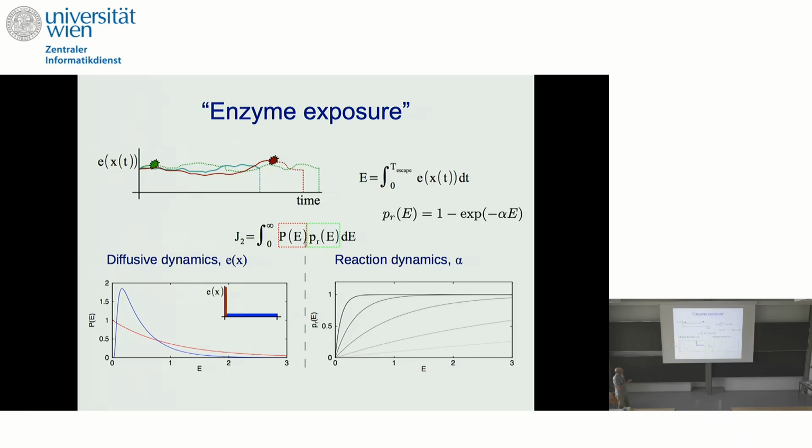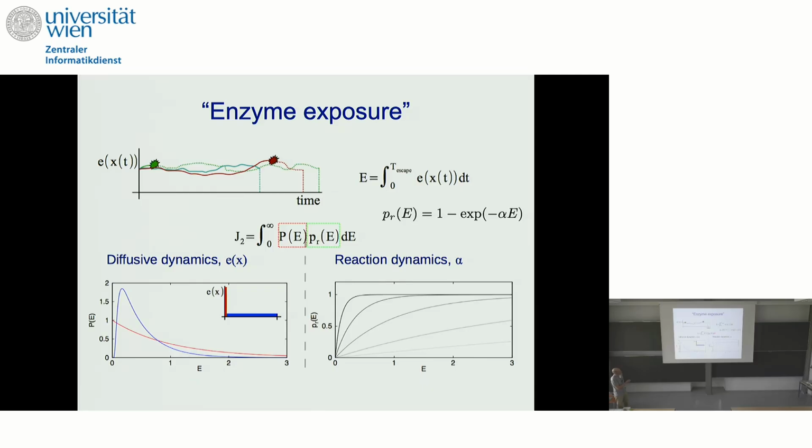Different enzyme arrangements will produce different stochastic distributions of enzyme exposure. So basically, we get that the total reaction flux is a convolution of these two functions.